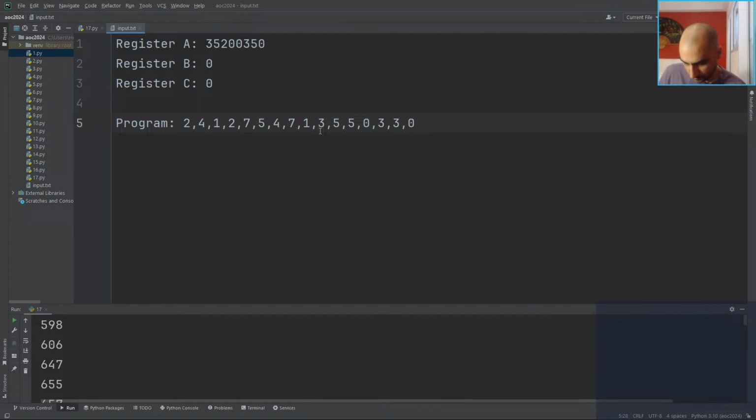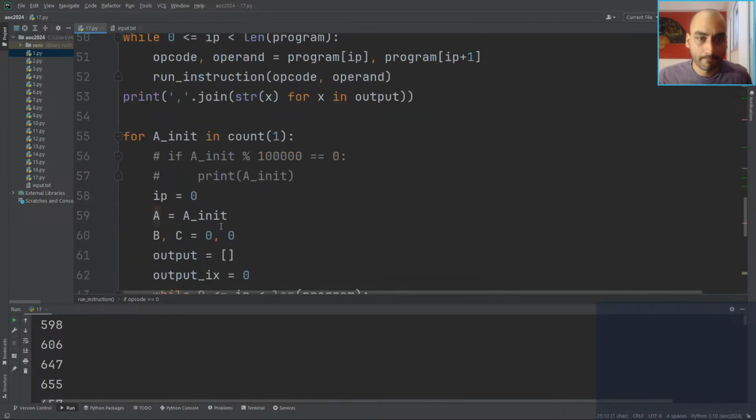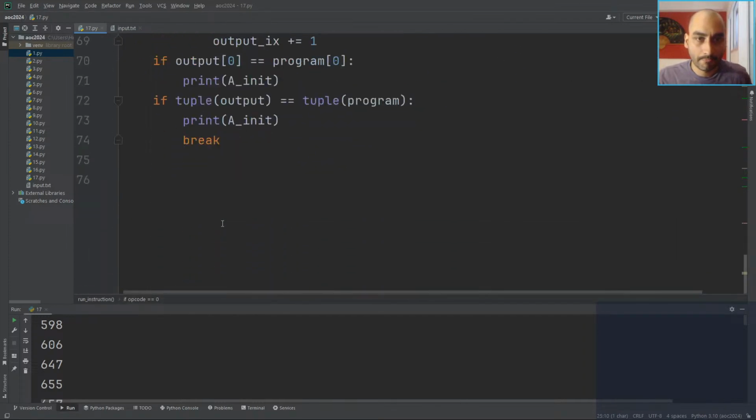Alright, so I think we know that... Let's make some notes here. A would have to be less than or equal to... it has to be strictly less than 8 to the power of 16.